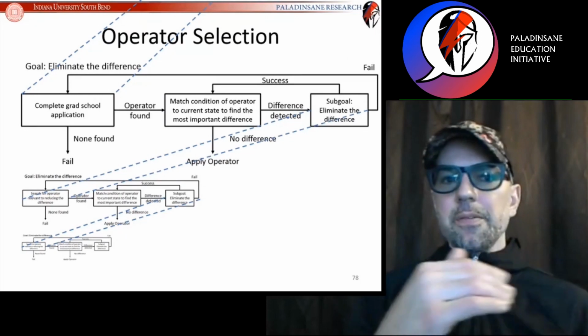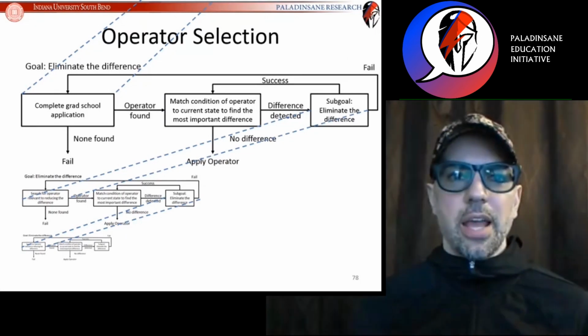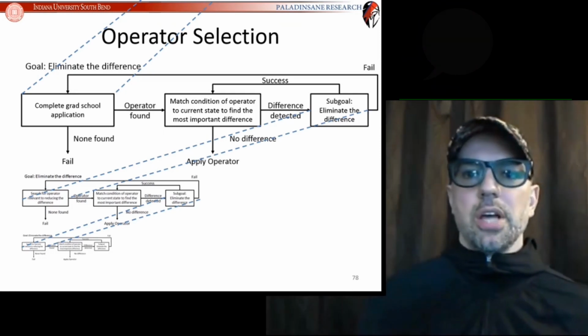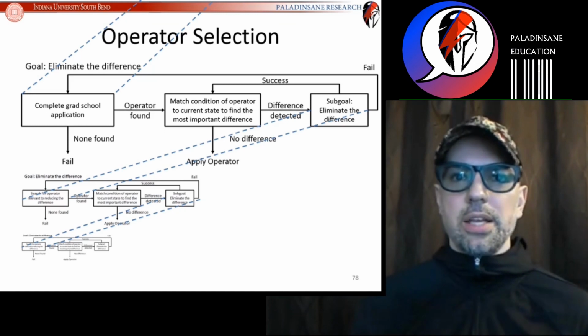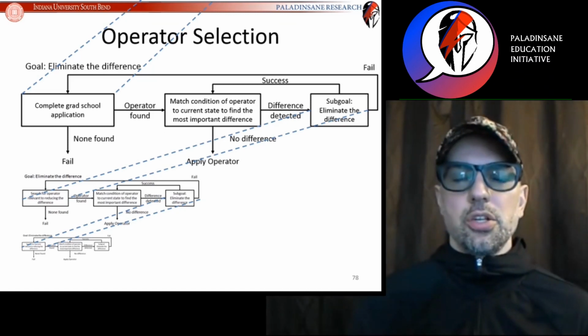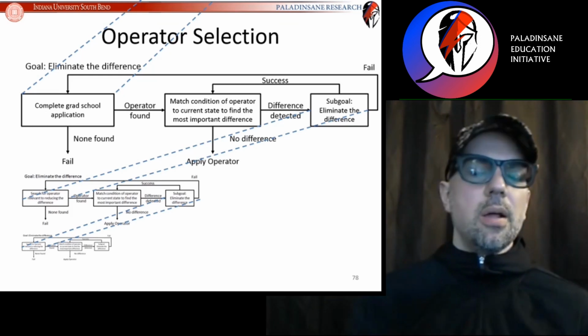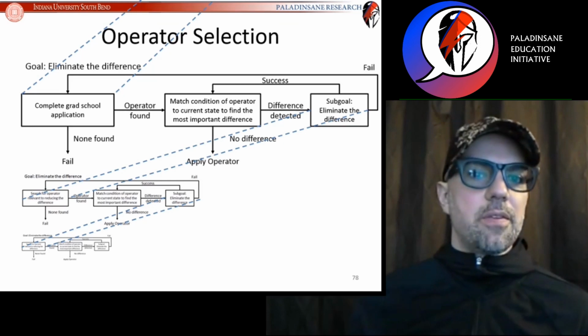And if you try to apply an operator to that and you just can't find any operators, then you're done. You failed. If you say, I need to complete a grad school application and I have no idea even how to begin, well, then you don't have any operators that you can apply to this situation. But you can find an operator if you identify the difference.